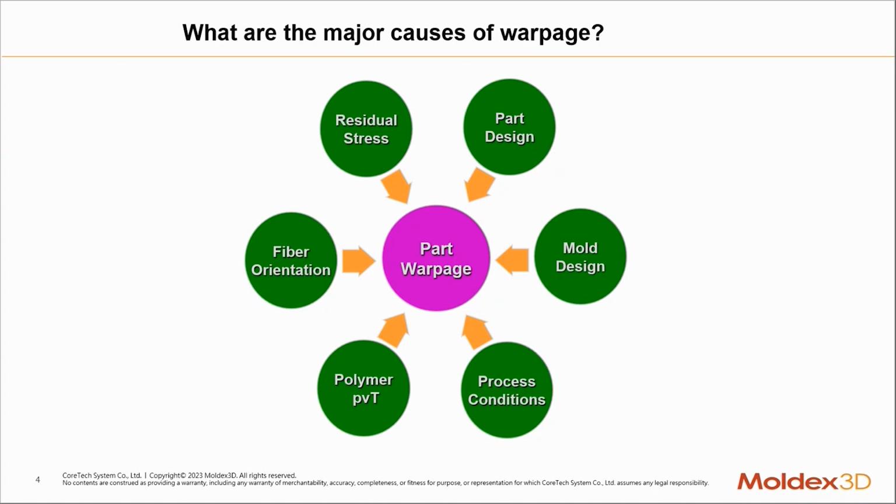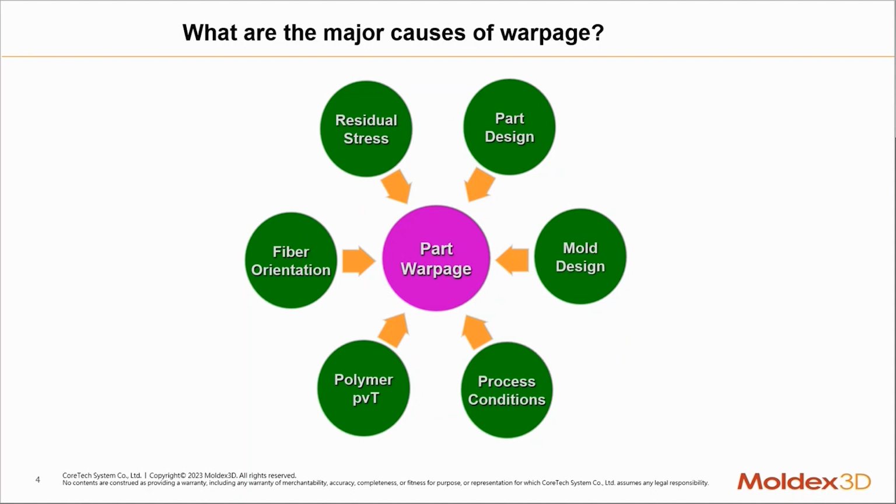Part design happens right in the beginning and has one of the highest impacts on how the part warps right from the get-go. Mold design and process conditions can help other factors as well. So part design has a significant amount of impact.